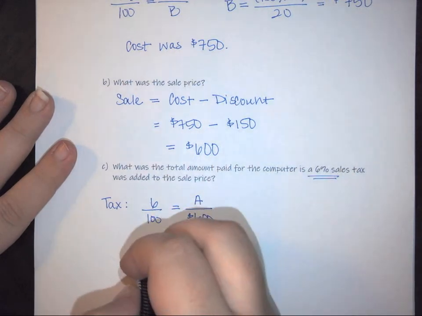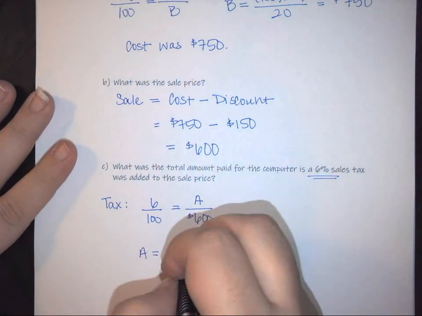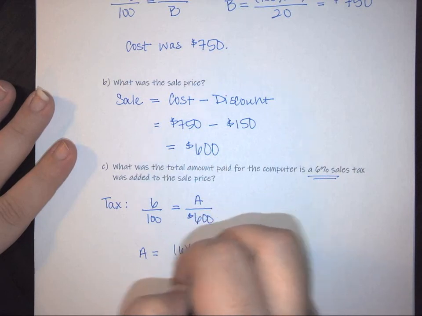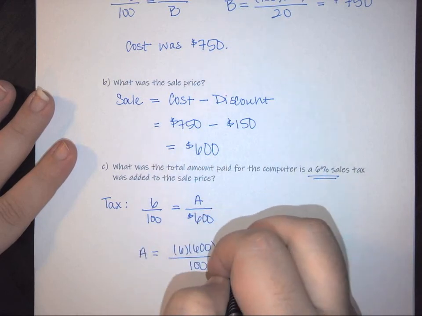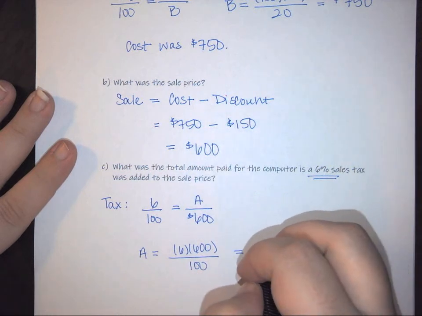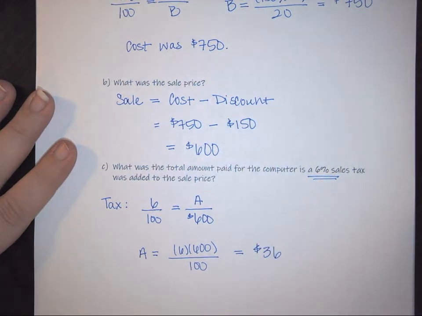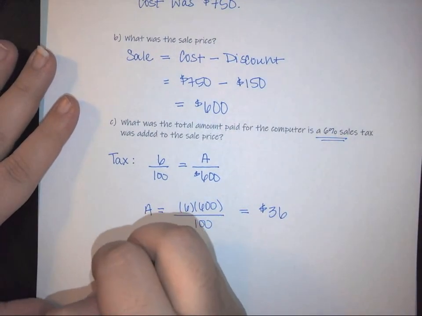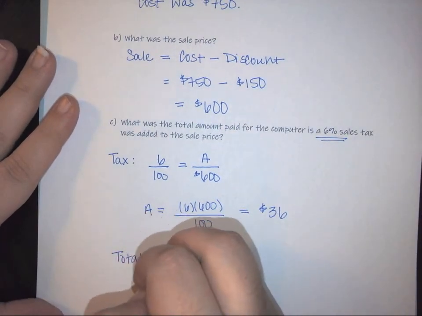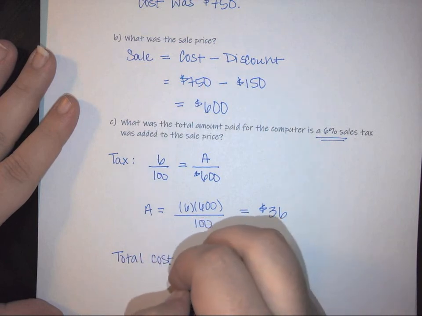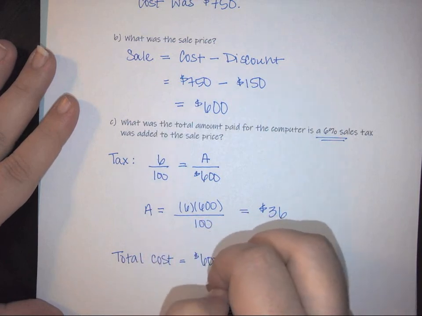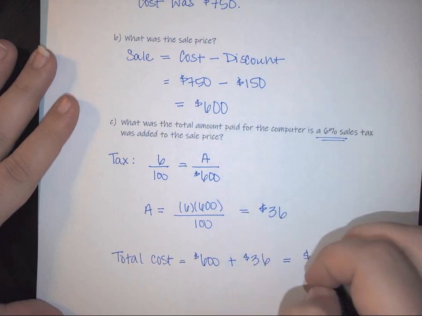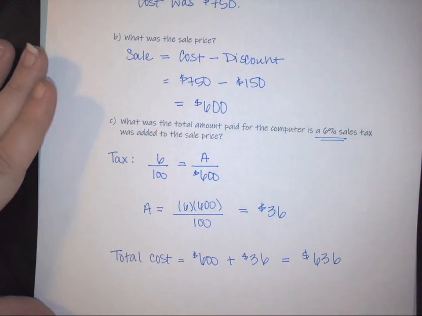So here my sales tax is going to be 6 times the 600 divided by 100, which is going to give me a total of $36 in tax. So your total cost is going to be the $600 plus your tax of $36 gives you $636.